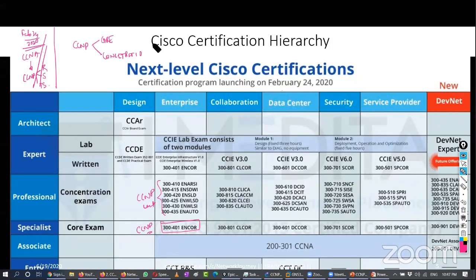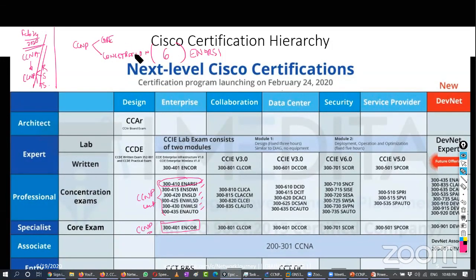Now you have six concentration papers, out of which you can write any one. Most of us who are from routing and switching go with this paper, advanced routing and switching, which we call ENARSI.